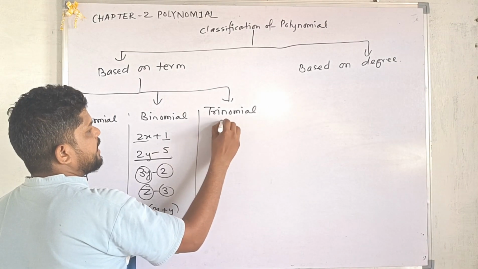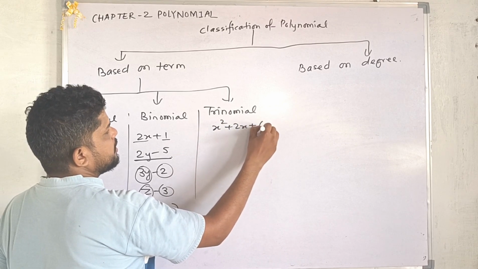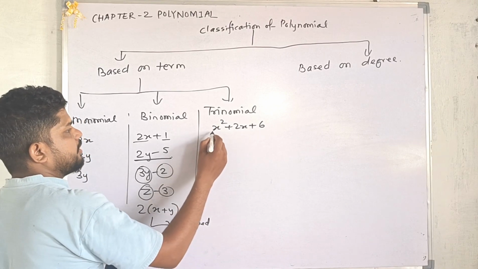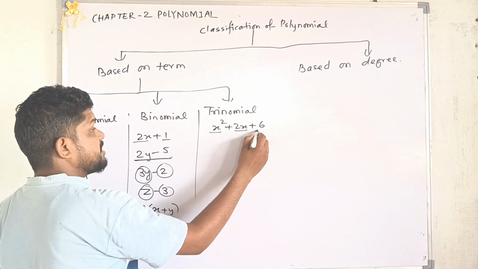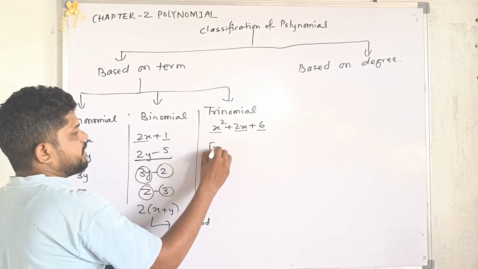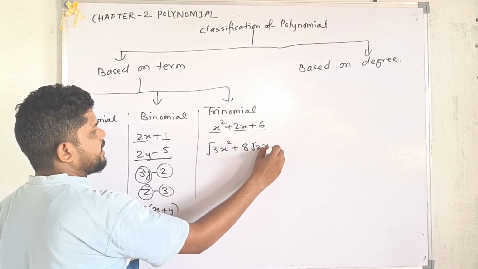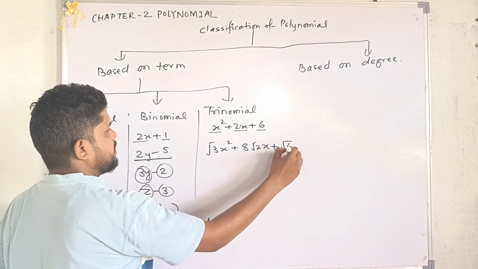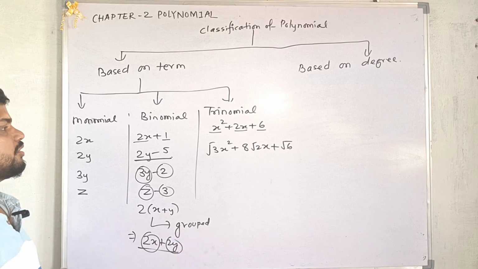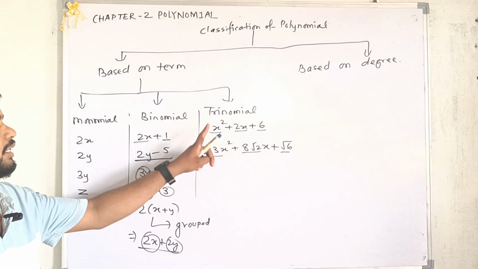Suppose I am writing x square plus 2x plus 6. This is the case of trinomial. This is one term, this is another term, this is the third term. Suppose I am writing 3x square plus 8 root 2 x plus root 6. Again this is a polynomial which consists of 3 terms, 1, 2, 3. So this is an example of trinomial.